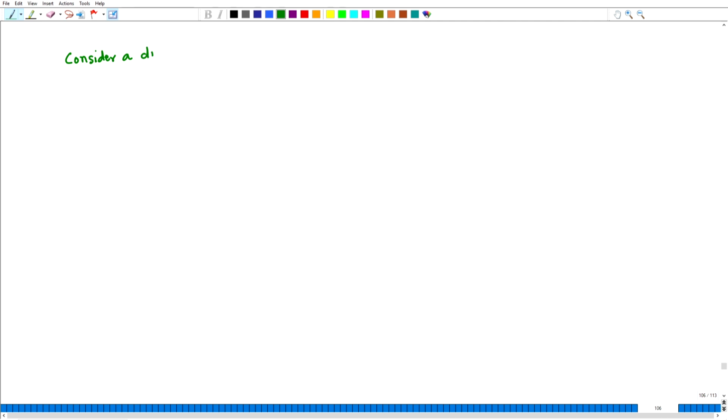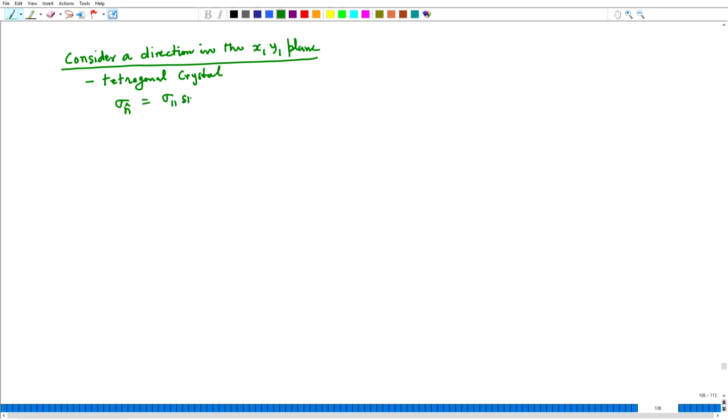Consider a direction in the x1 x2 plane, and I have this conductivity given by sigma 1 1 sine square theta plus sigma 3 3 cos square theta.